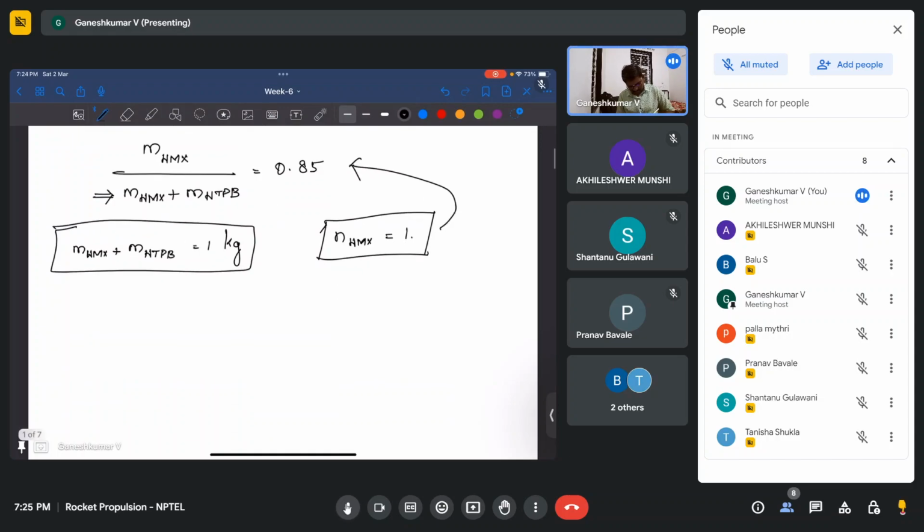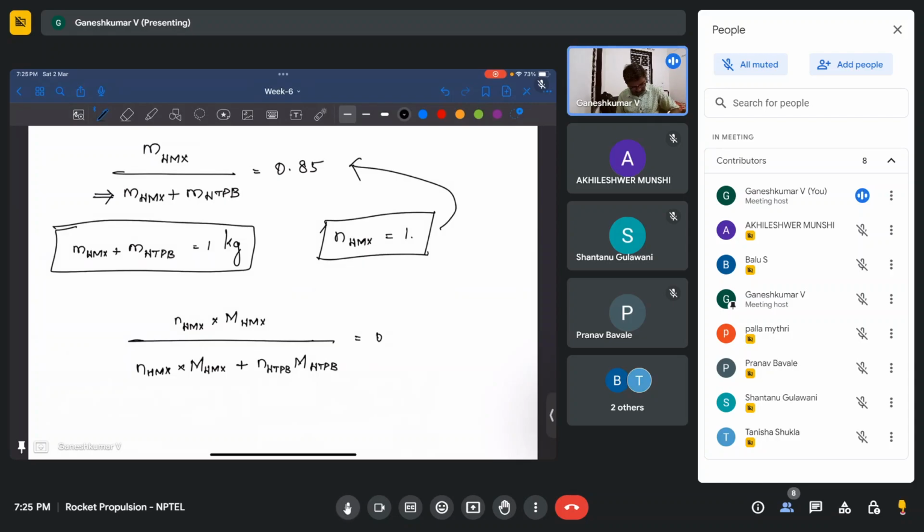Let me do that here. Number of moles of HMX times the molecular weight of HMX, divided by number of moles of HMX times molecular weight of HMX plus number of moles of HTPB times molecular weight of HTPB.